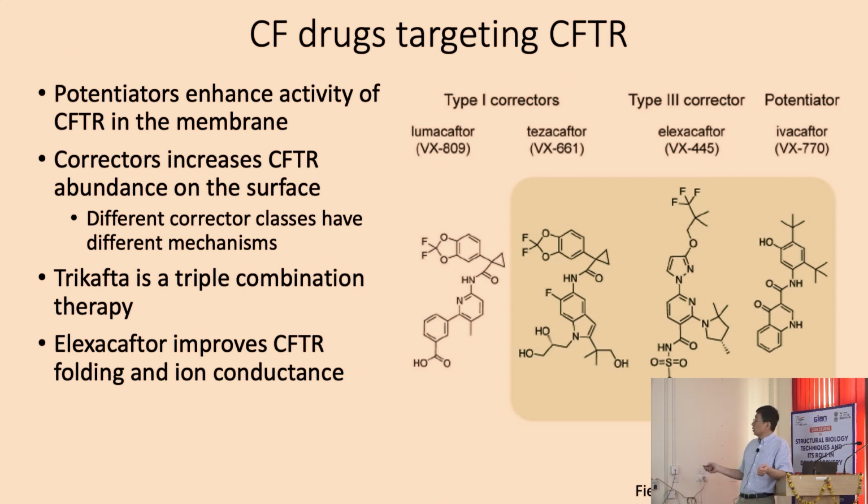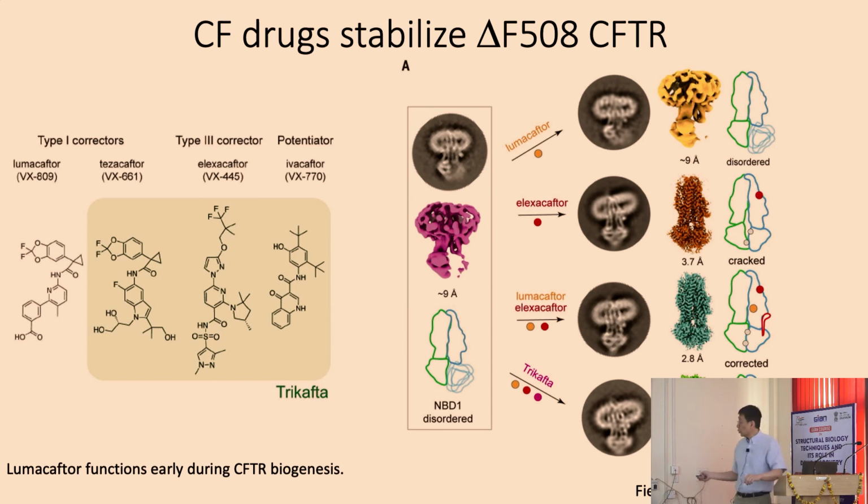Okay, so what I'll show you is a recent structure of mutant CFTR bound to this triple combination therapy. This is work done by Jue Chen, Rockefeller University in New York. They treated the receptor with different compounds on their own.